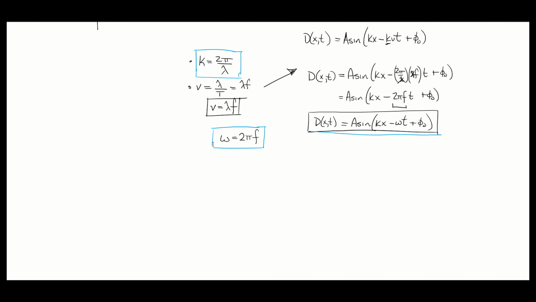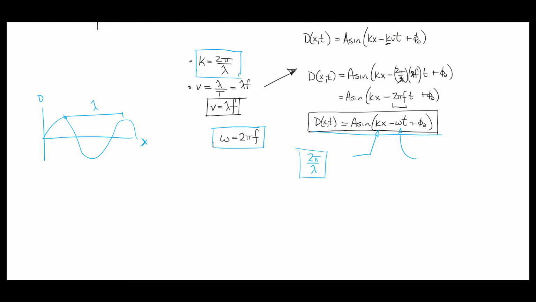A few things. The wave number, k, again, is 2 pi over lambda. It captures the periodicity in space of our wave, and the fact that if we plot it, it repeats itself. It's periodic every wavelength if we plot that displacement as a function of position, right?